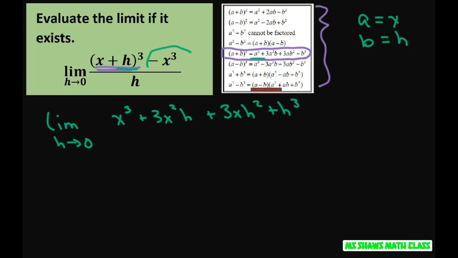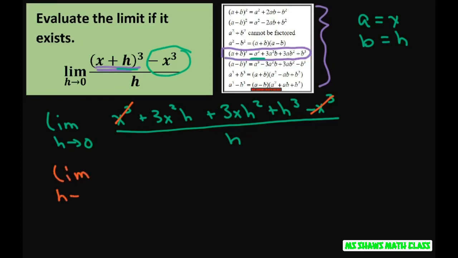And then we're going to subtract this x cubed, all over h. Now, what happens is these two cancel out. So let's rewrite this again. The limit as h approaches 0 of 3x squared h plus 3x h squared plus h cubed divided by h.